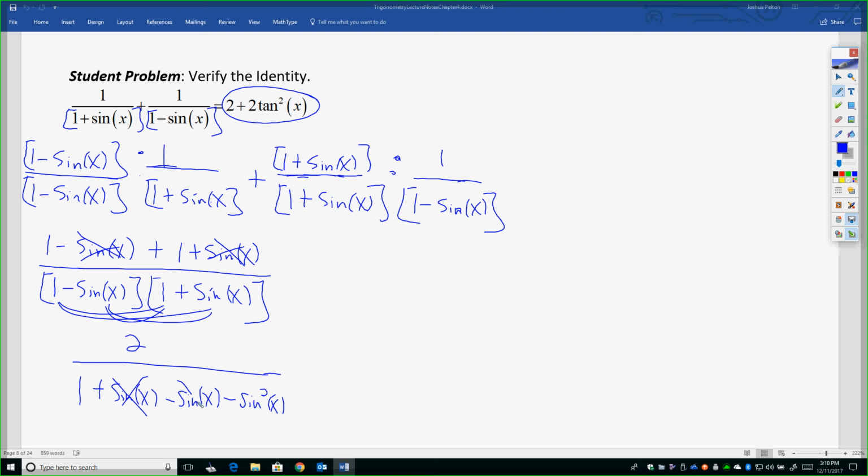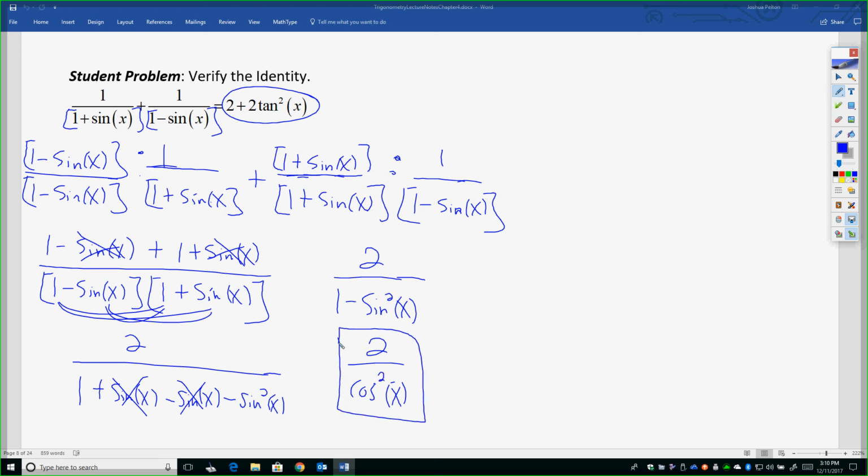Again, the sines will cancel, leaving me with 2 over 1 minus sine squared of x. And 1 minus sine squared of x using the Pythagorean identity is actually 2 over cosine squared of x. Okay, and we'll box that. We could probably go a little bit farther, but we'll go back to the other one.